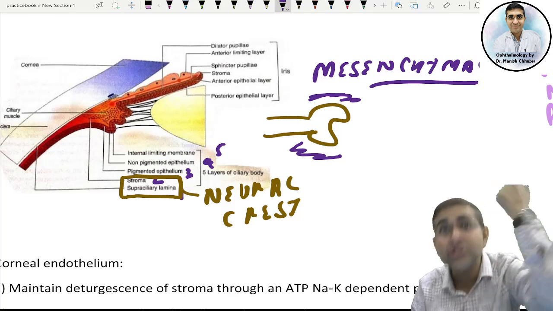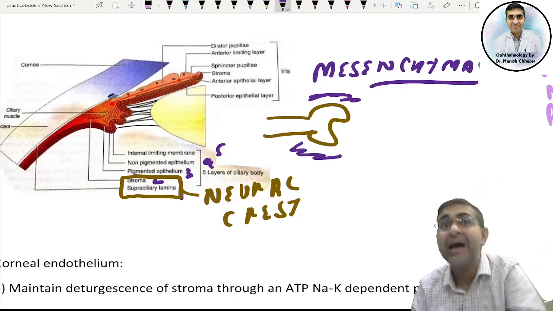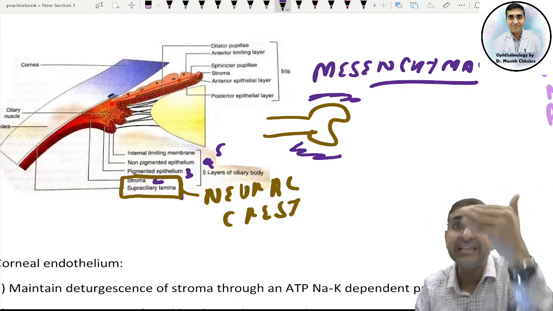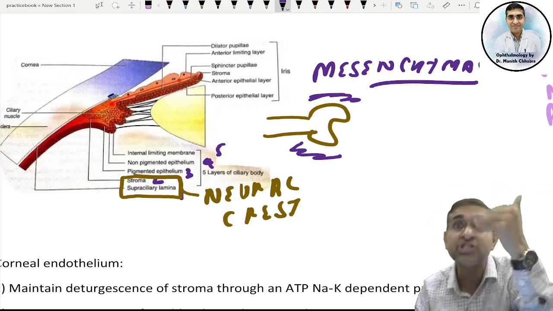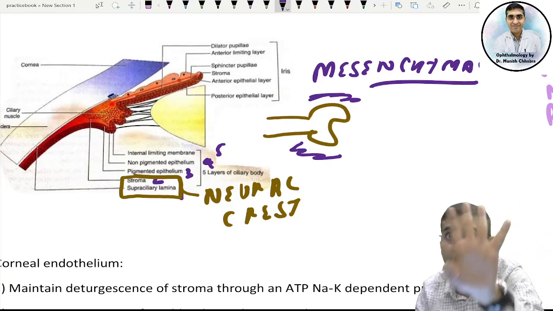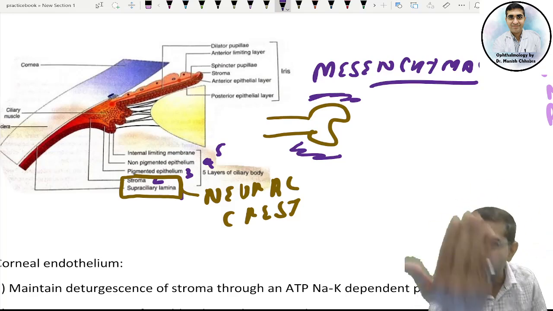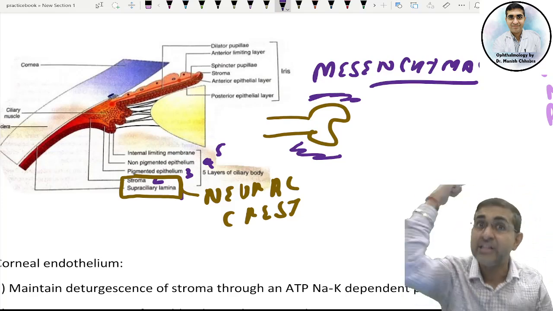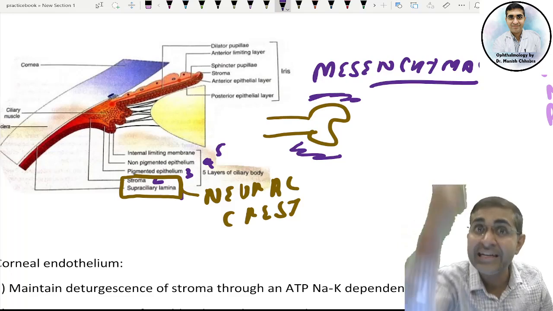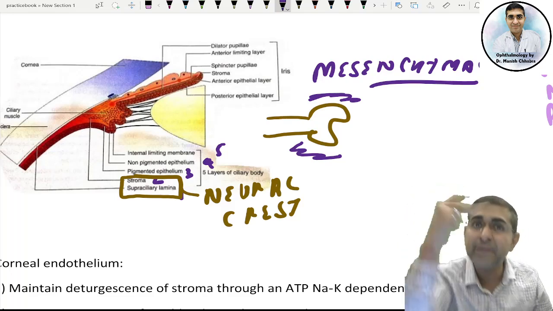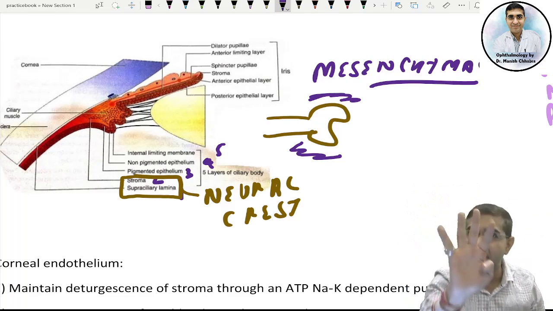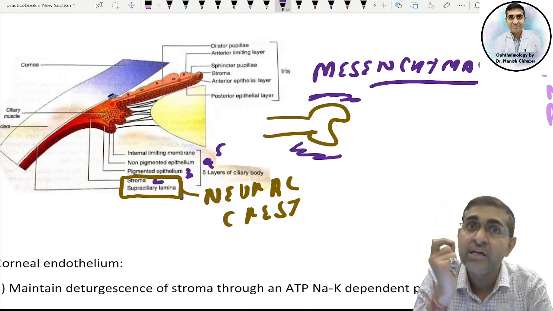Here it is also going to lead to stroma and anterior lamella, which you call the anterior limiting layer or external limiting layer. So the 4 layers of the iris from anterior to posterior are: anterior limiting layer or external limiting layer, then stroma, then anterior non-pigmented epithelium, and 4th, posterior pigmented epithelium. So there are 4 layers present in the iris.